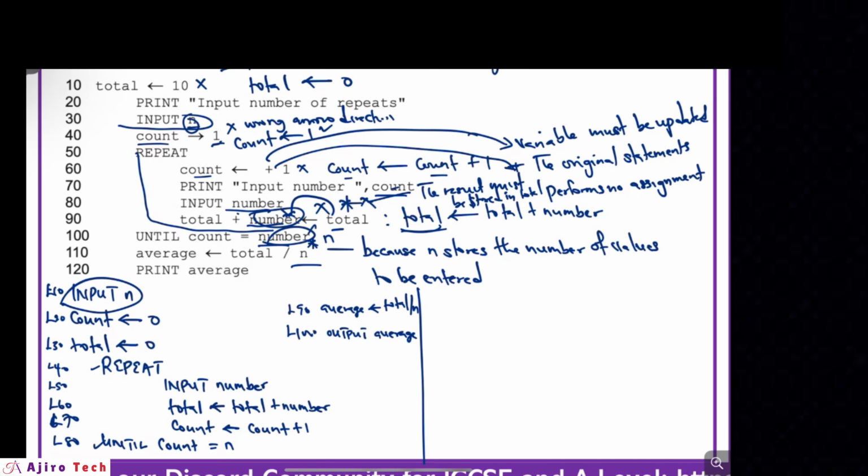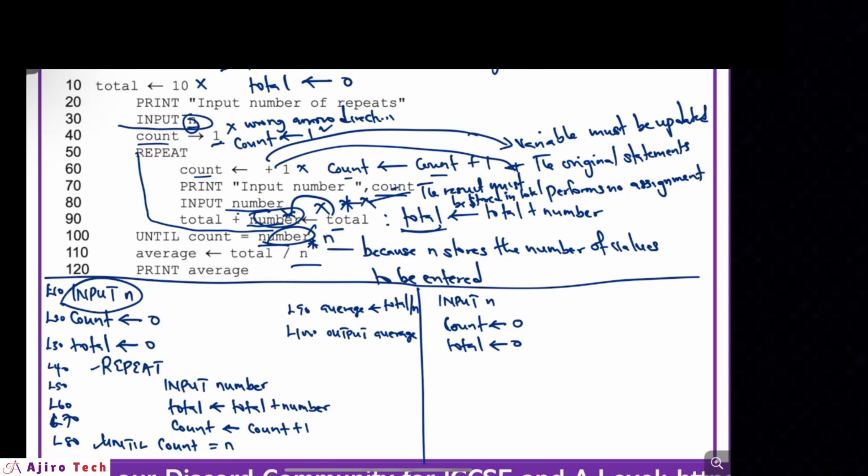Then let me use the while, the end while. So for the while, end while, we have the inputs, and we're going to have count equals 0, sorry, total equals 0.